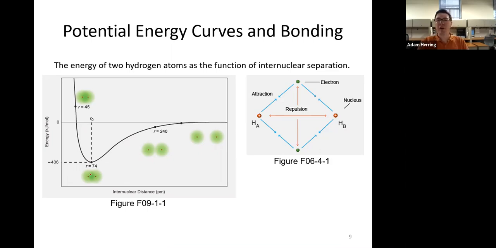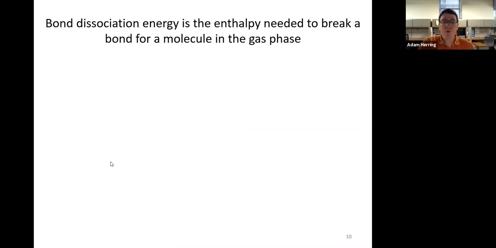Let's apply this now to looking at chemical reactions. So the bond dissociation energy is the energy that's needed to break a bond for a molecule in the gas phase. Looking back at our hydrogen-hydrogen system, for a diatomic molecule, such as the hydrogen molecule or the oxygen molecule, the bond dissociation energy is the enthalpy of reaction for that chemical reaction.